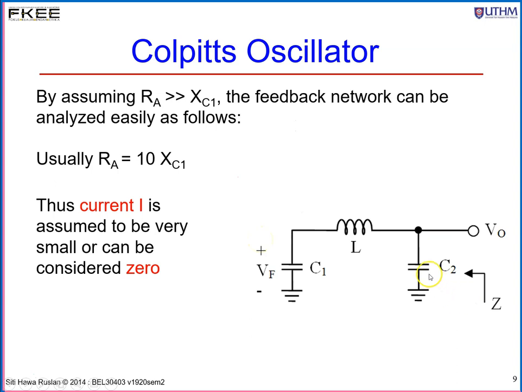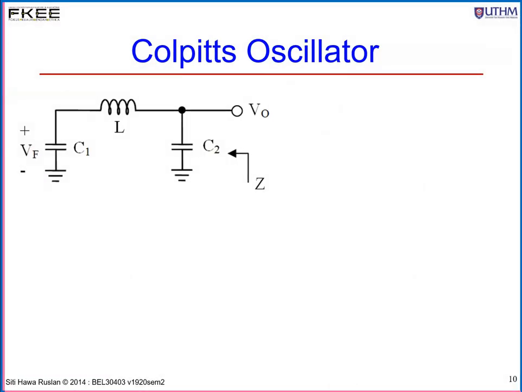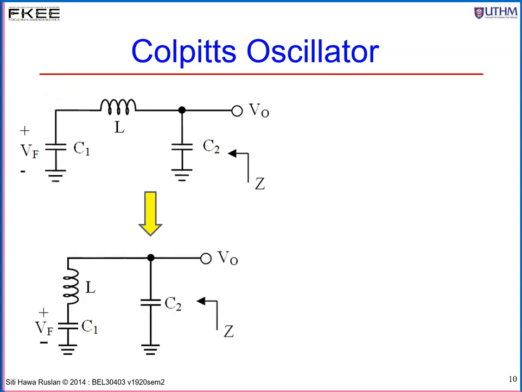So you are just left with the two capacitors and one inductor, and this will simplify the analysis of the Colpitts oscillator. The feedback network just consists of C2, C1, and L because we assume the current just now to be 0. We can redraw the circuit like this. These two in series, L and C1, in parallel with C2.